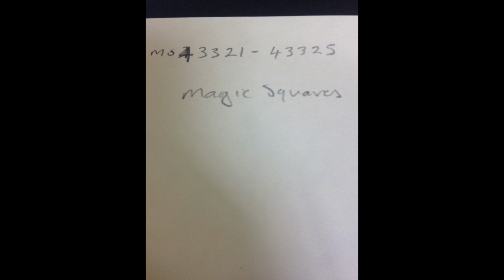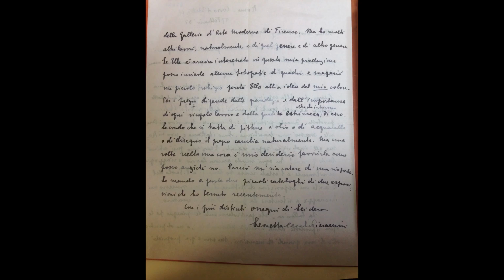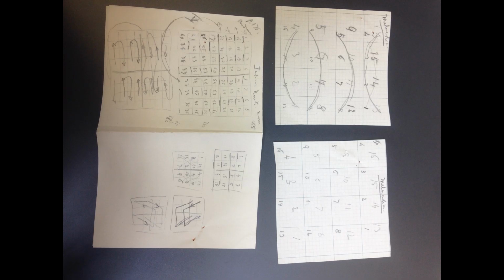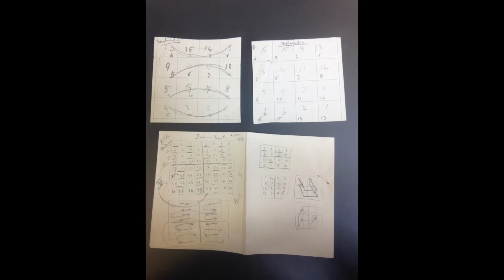Okay, magic squares. Okay, fine. 1937. It's Italian. I can't do that one. Something about magic squares. Why he was interested in those, I don't know.